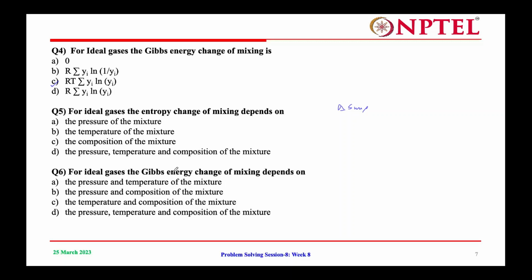Right, because the equation is summation yi ln yi. It depends only on the composition of the mixture. And question 6, for ideal gases, the Gibbs energy change of mixing depends on, right.